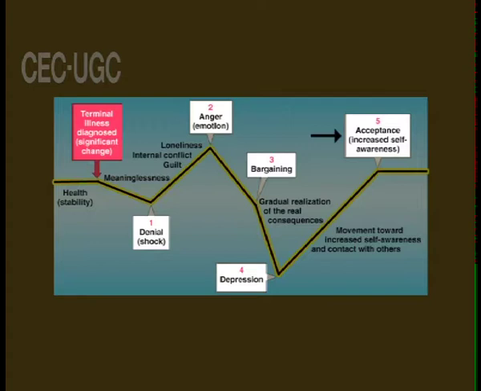They also try to help others in all possible ways, because these are the last few remaining days, and they try to make the most of them. When patients come to the final stage of acceptance, it also means that they are approaching death fast. So, Ross's theory has been very influential.